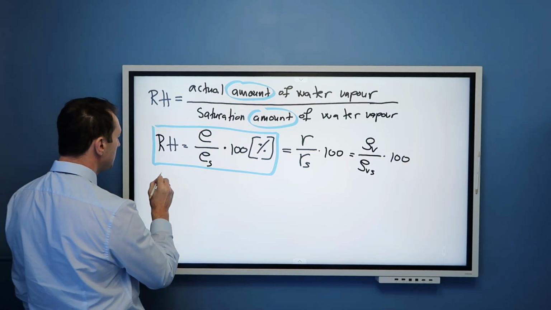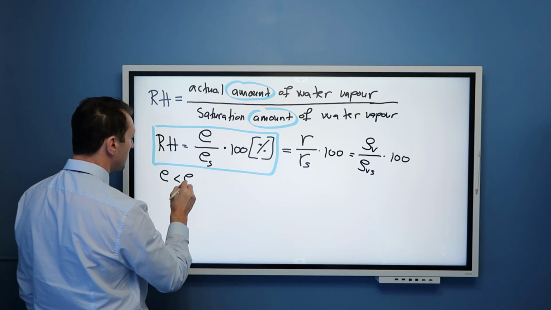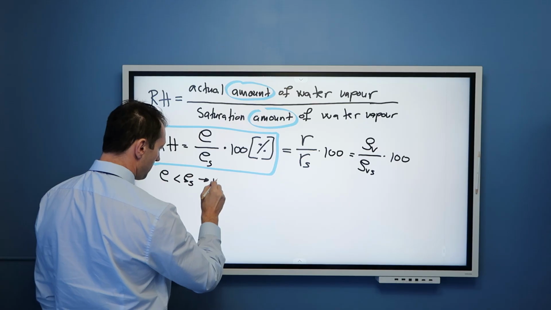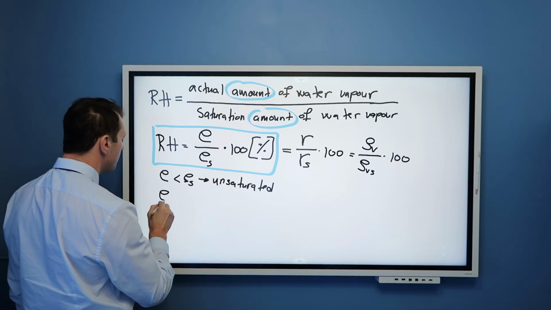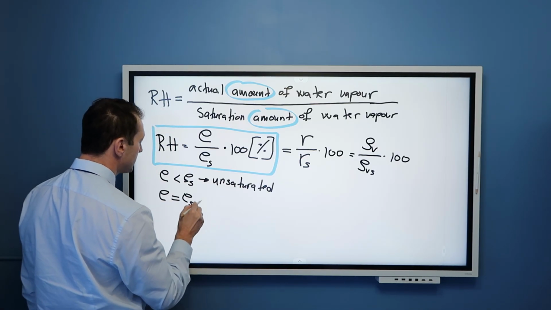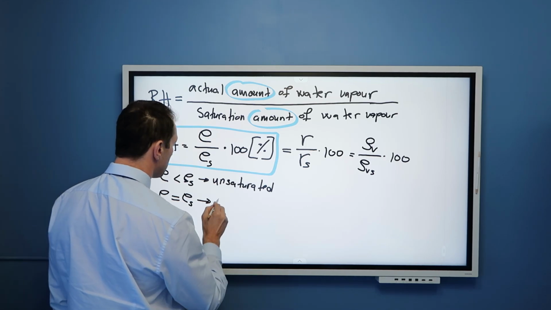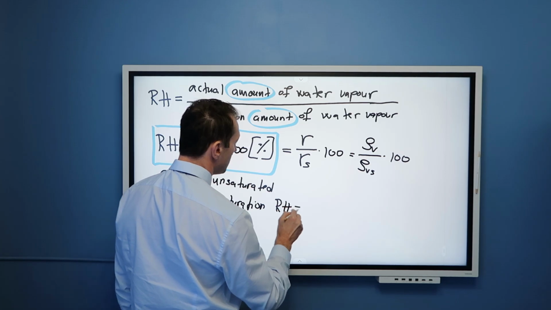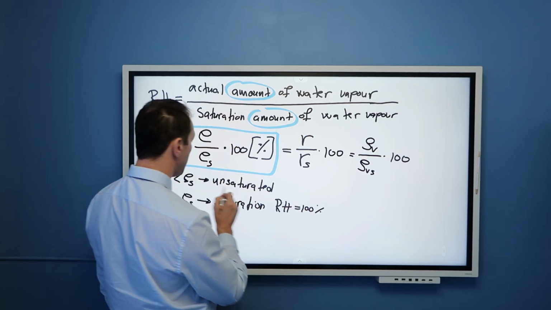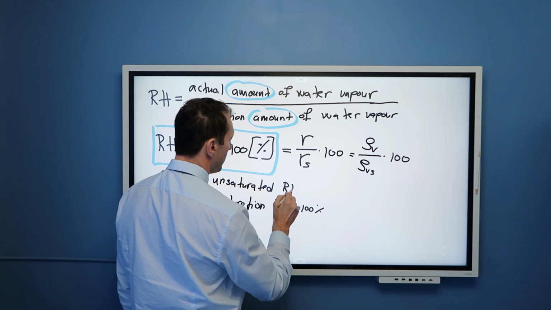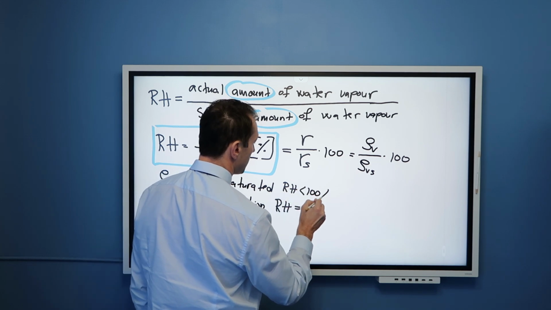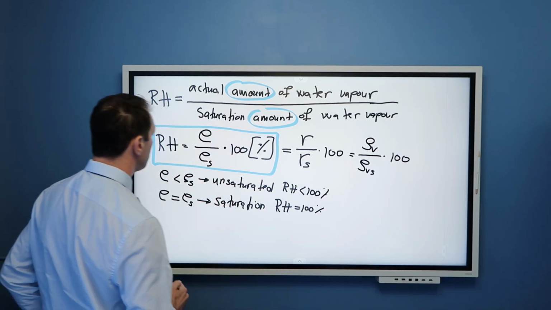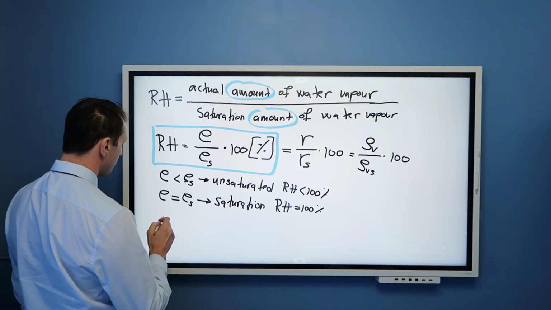So you can see immediately that if e is smaller than es, then we have unsaturated air. If e is equal to es, we have saturated air. In the case of saturated air, relative humidity is 100%. In the case of unsaturated air, relative humidity is less than 100%. Theoretically, it can also be 0%, but that never happens in the atmosphere.